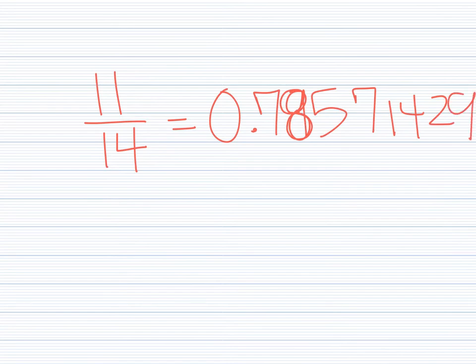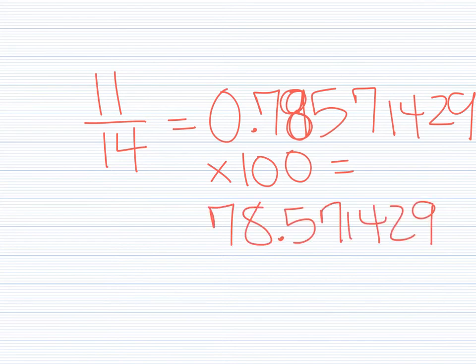Before I give you the answer, I would like you to see if you can figure out what percent score this would be equal to. After multiplying by 100, this is the answer we'd get.